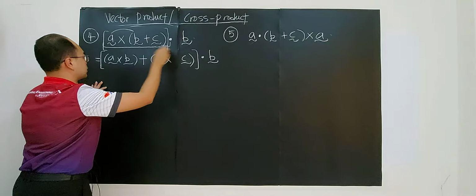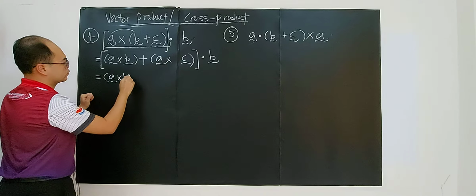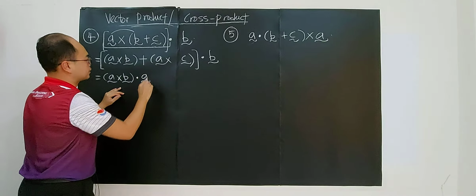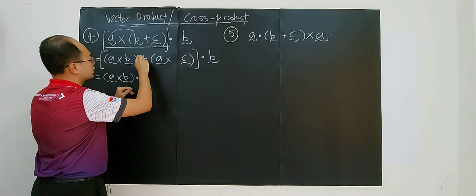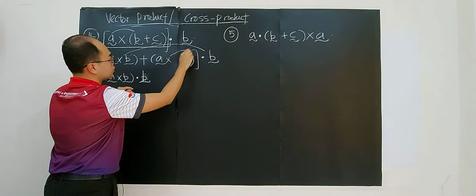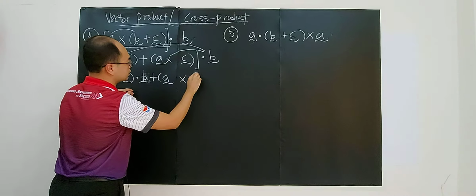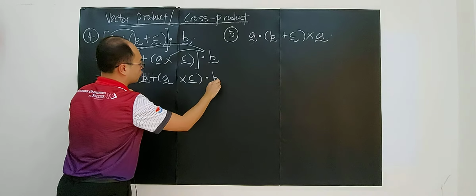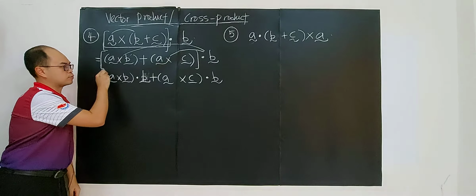Now this vector dot with vector B, and this one also dot with vector B. So A cross C dot with vector B. Finally, what can you observe about this?